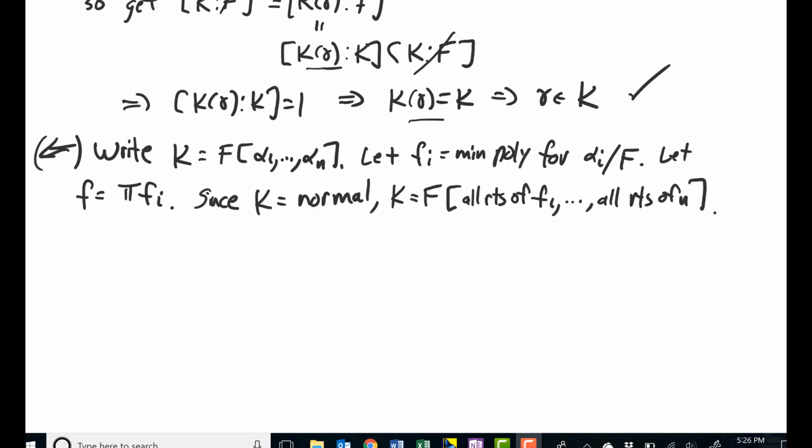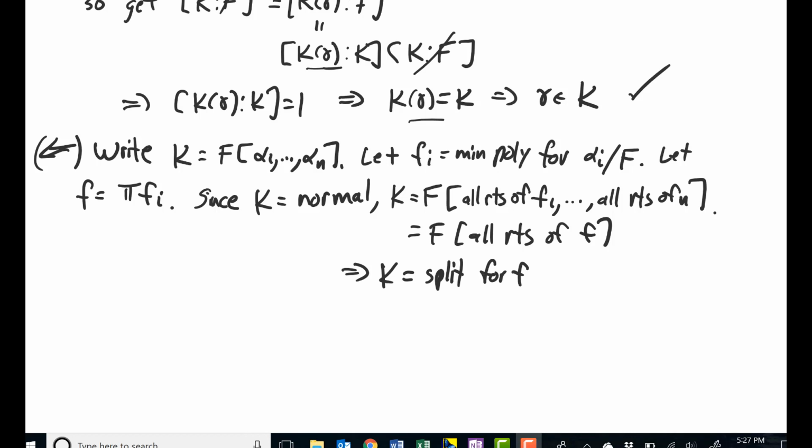Since k is normal and f sub i is minimal, it has one root in there, so it has all the roots, so I can throw in all the extra roots without making the field bigger because they're already there. So in fact, k is f attach all roots of f1, then all roots of f2, and all roots of fn. This means that k is just f attach all roots of f, and that means that k is a splitting field. And that is what we wanted to do, so that's the end of that proof.